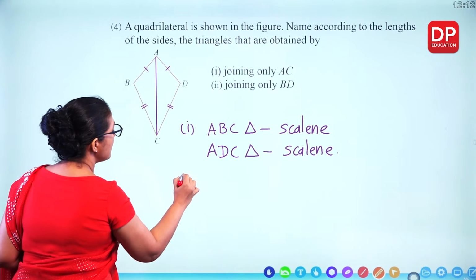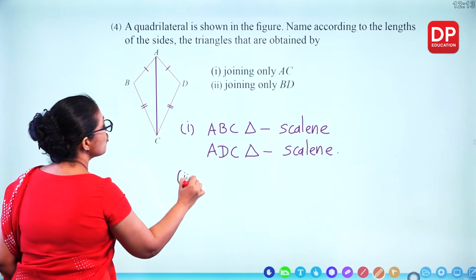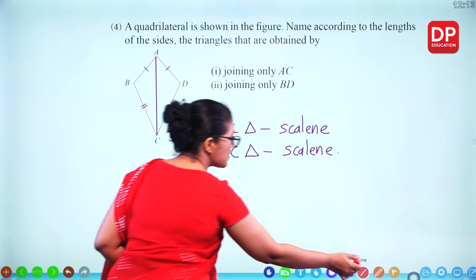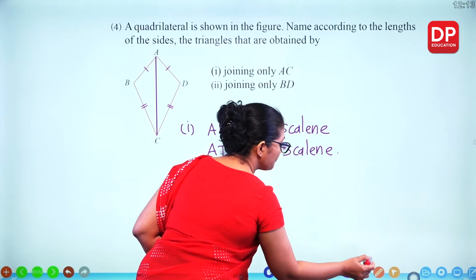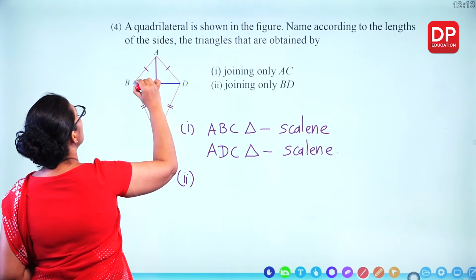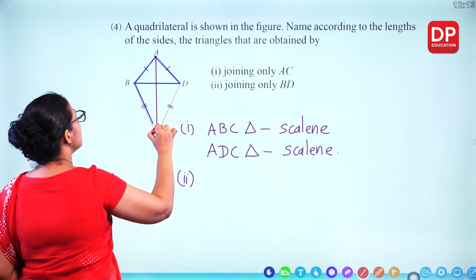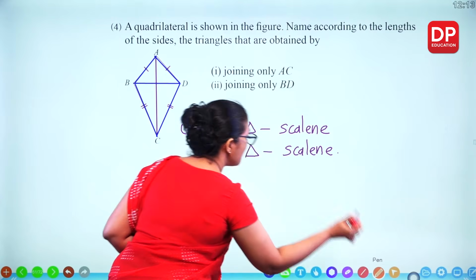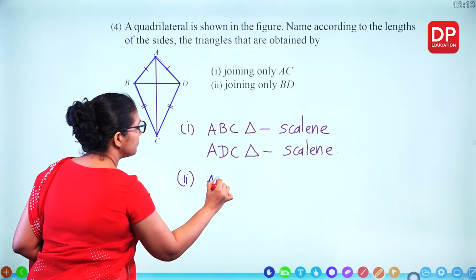Now join only BD. So you have to consider the other. Now only BD we can connect. So what are the triangles you are getting now? This and this. So you get ABD triangle.